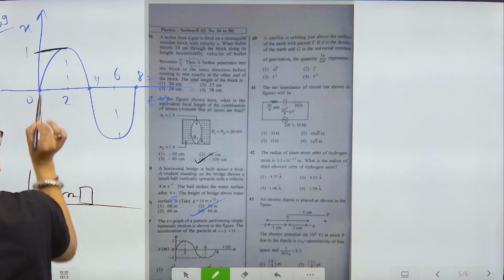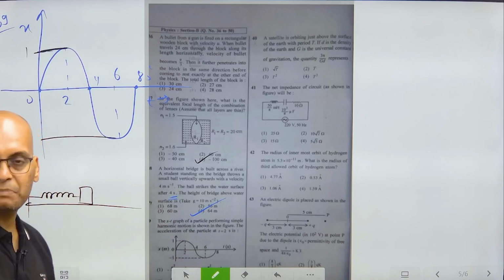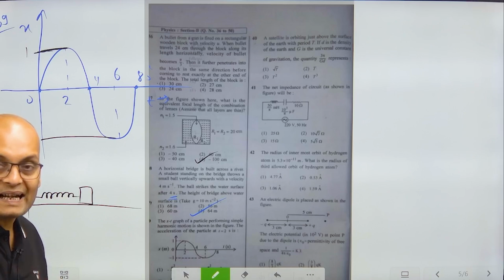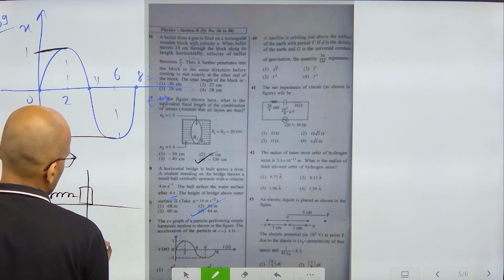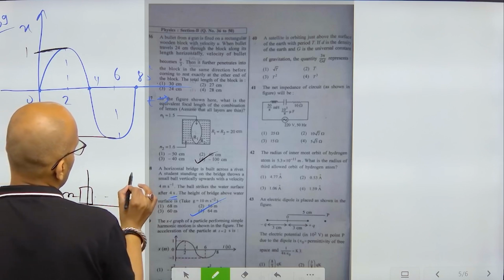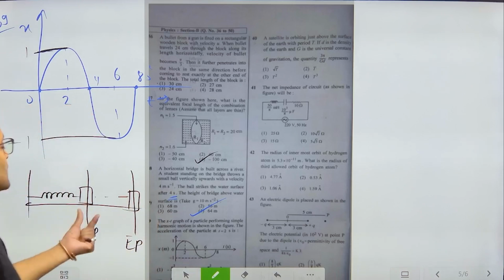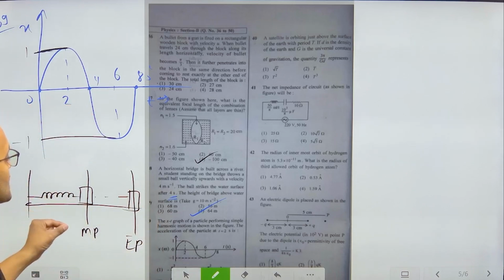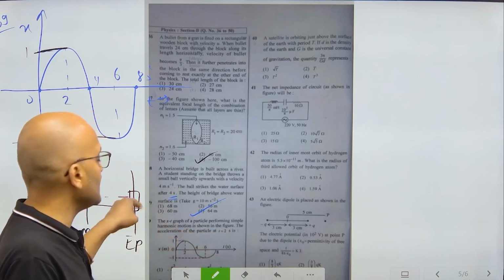Body has performed its maximum displacement. Maximum displacement means body is present at the extreme position. They are asking you what will be the acceleration of the particle at the extreme position.